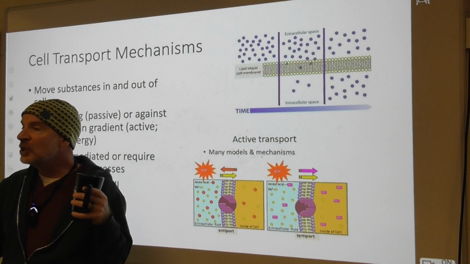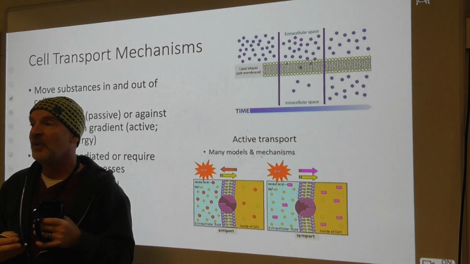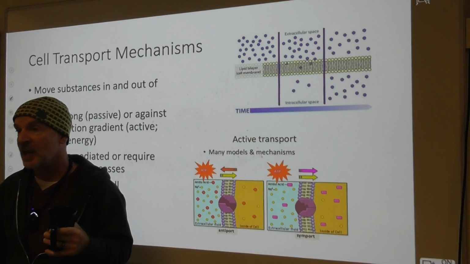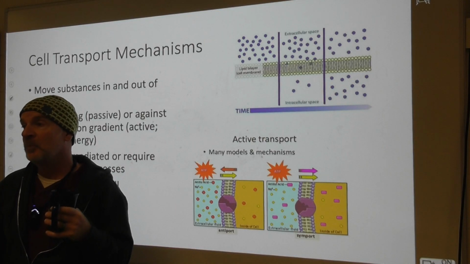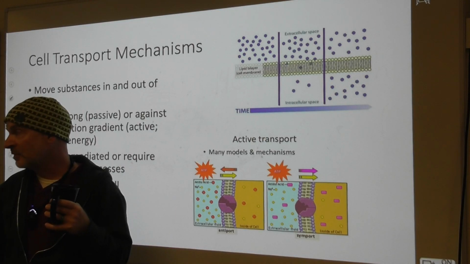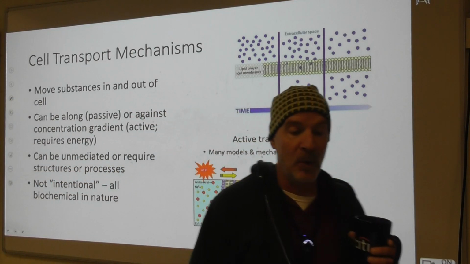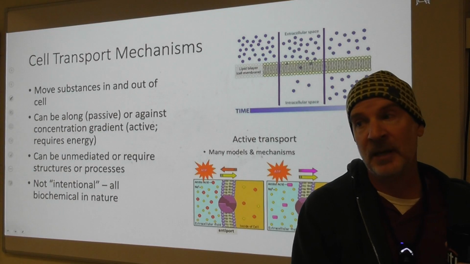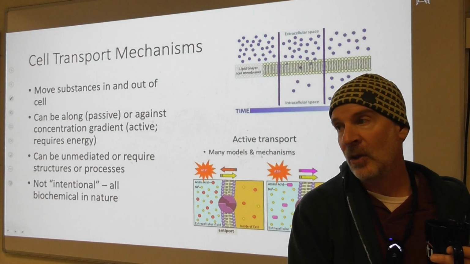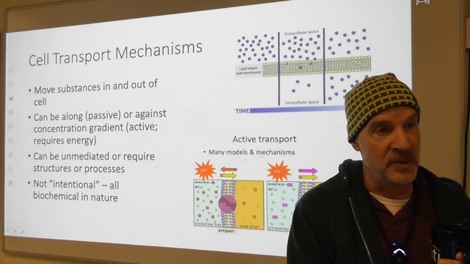We're going to talk about these structures as if they're thoughtfully doing things, but they're not. They don't have brains. Brains are made up of billions of cells. This is just one cell. It can't think. It doesn't know what it wants. Things are just happening.